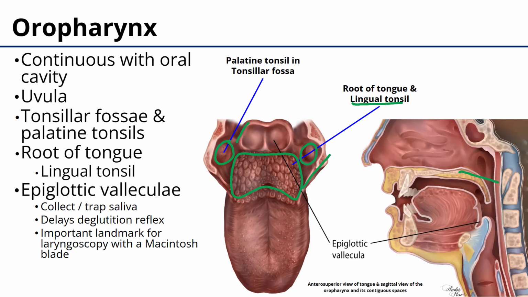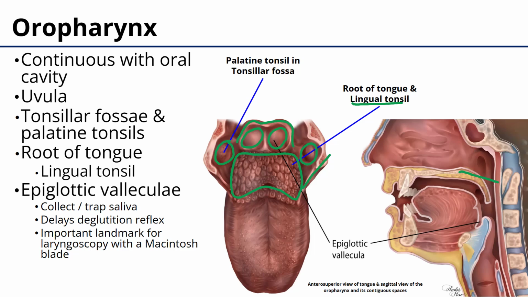So this is an outline of the epiglottis, and so there are scoops here of space that can collect saliva. These act as salivary traps so that you're not activating the deglutition or swallowing reflex by saliva constantly moving into the remainder of the pharynx.